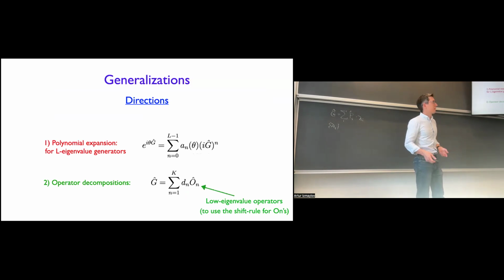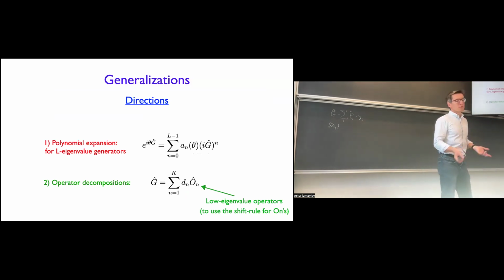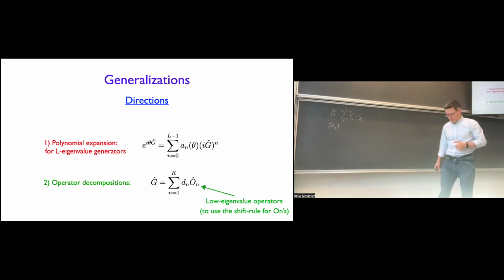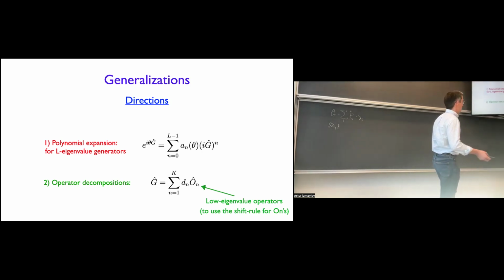To be specific, if you have a generator, you can always write it as a linear combination of Pauli products, and Pauli products always have just 2 eigenvalues, plus and minus 1, right? And so we could try to apply the shift rule to these parts and somehow get the gradient for G. And the hope there is that the linearity of the gradient in general will allow us to do that. But of course, I'll show in a moment how this can be done.